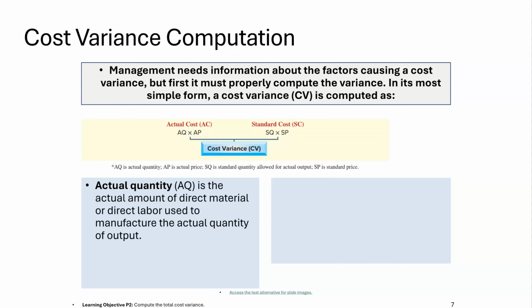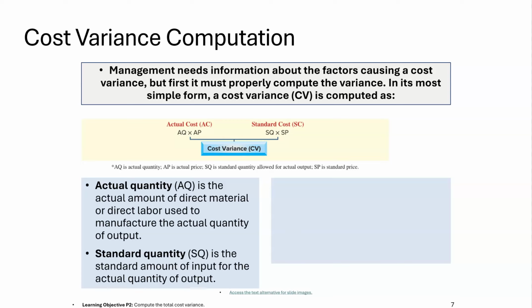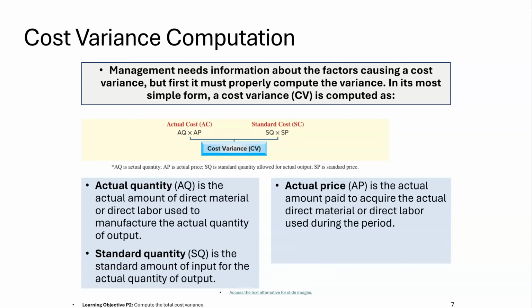We have the actual quantity, which is the actual amount of direct materials or labor used to manufacture the actual quantity of output. We have the standard quantity, which is the standard amount of input for the actual quantity of output. Then we have the actual prices, how much we've actually paid for labor and materials. And then we have the standard prices, what we thought we were going to pay.